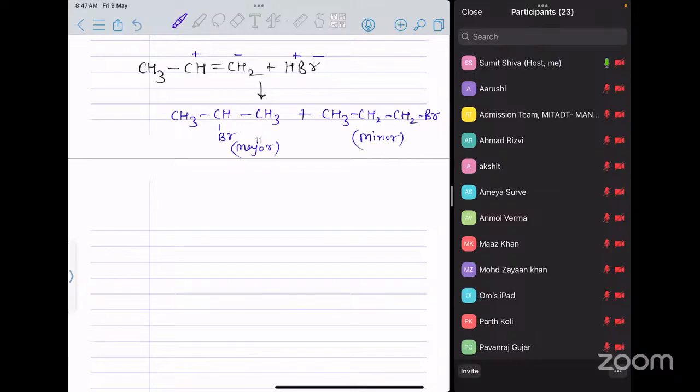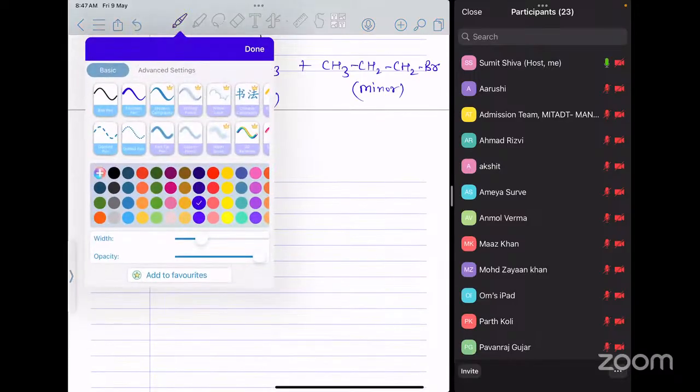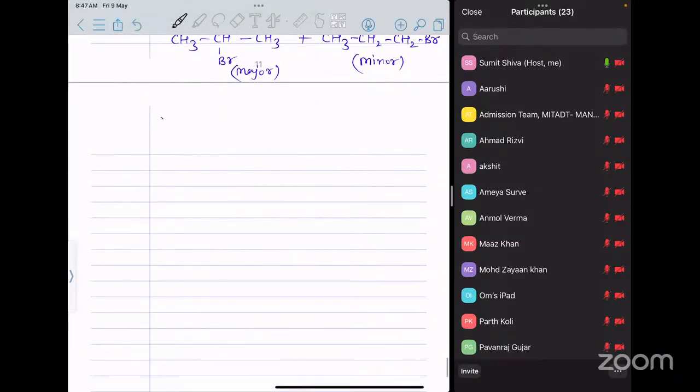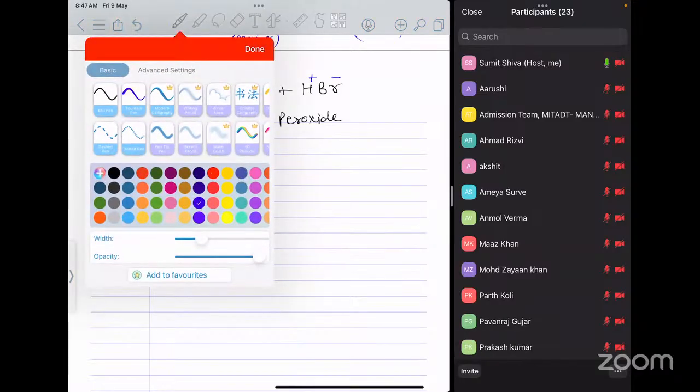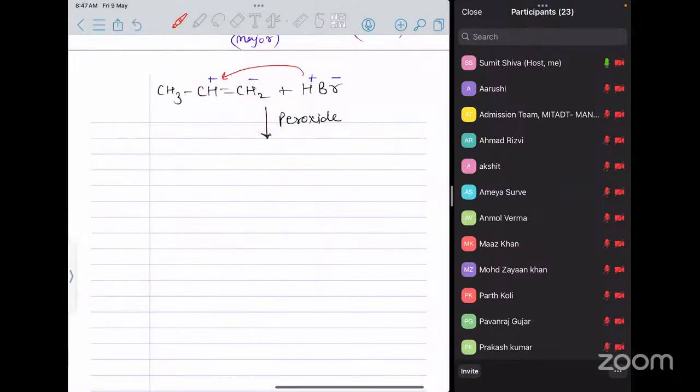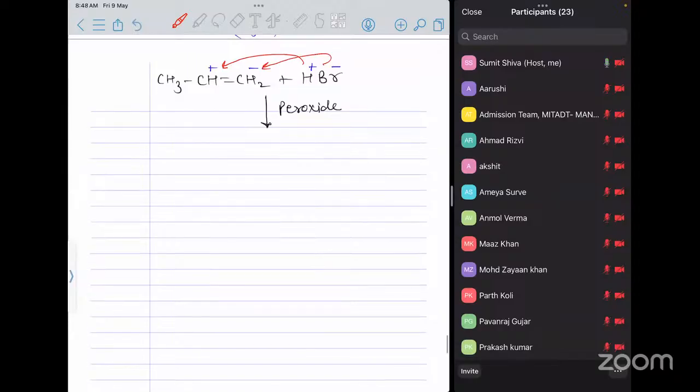But if you have peroxide, in the same reaction, CH3 CH double bond CH2 treated with HBr in the presence of peroxide, now the reaction will take place according to anti-Markovnikov rule, which implies that the positive part will attack the positive part and the negative on the negative part.